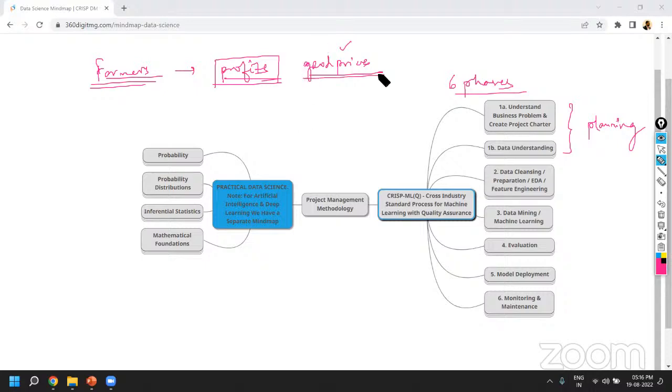If they can get a good market price, good value, then obviously they are going to get profits. Now we need to understand the requirements, right? You cannot say, we need profit, so you try and increase the price and sell it.